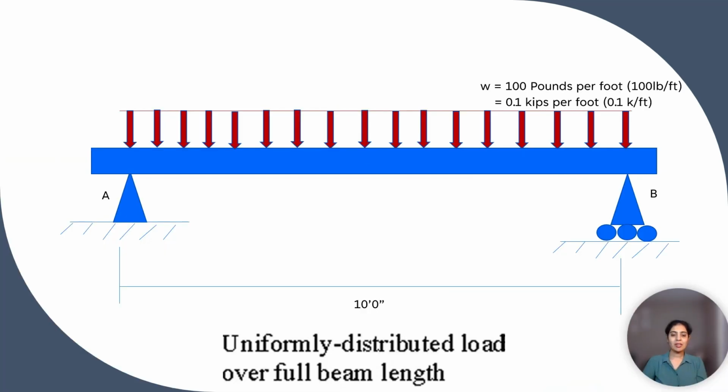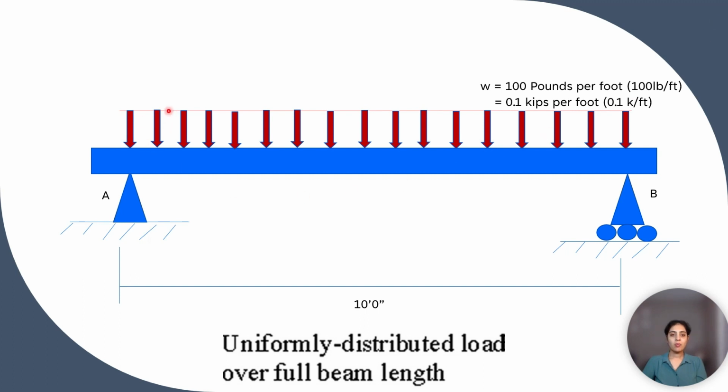The figure shows a schematic representation of a load, that is, a uniformly distributed load over the full length of the beam. This load could be caused by the weight of the floor, decking, or distributed live loads.